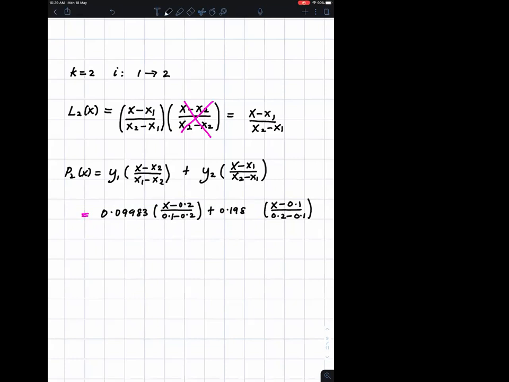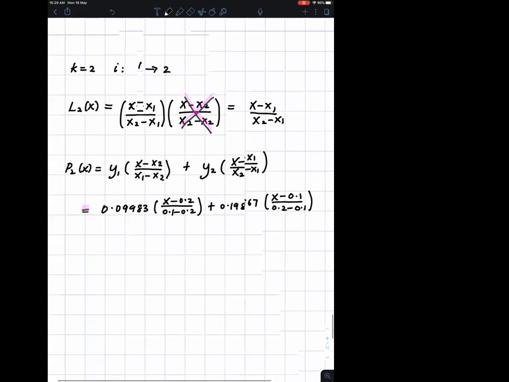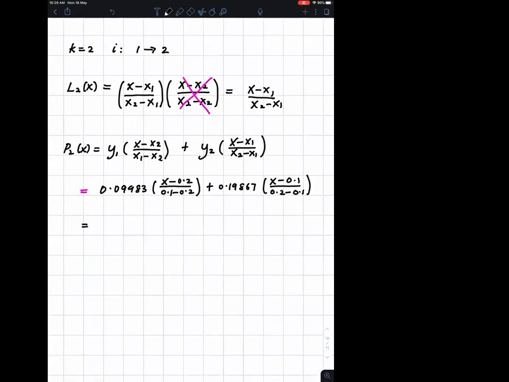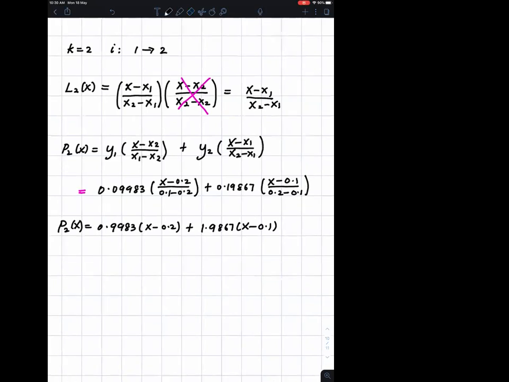So once you multiply them out, that's going to give you 0.09983 and so on. Okay, that's the Lagrange polynomial.